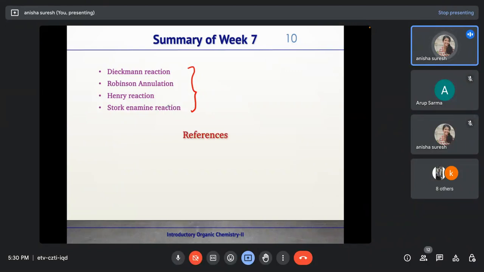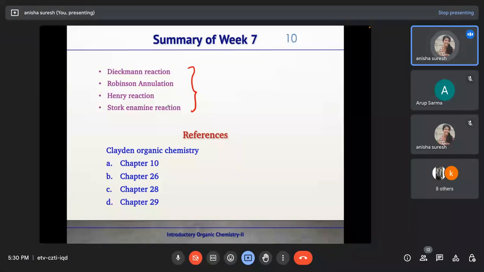Now, for references, you can follow Clayden Organic Chemistry, Chapter 10 for conjugate addition, Chapter 26 for alkylation of enolates, Chapter 28 for acylation at carbon for enolate, and Chapter 29 for conjugate addition reactions of enolates. So, the summary of week 7 is clear for everyone.